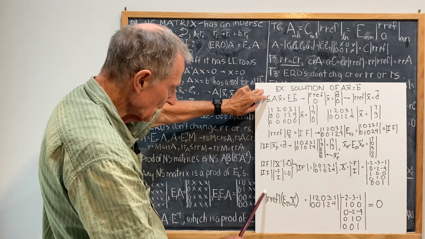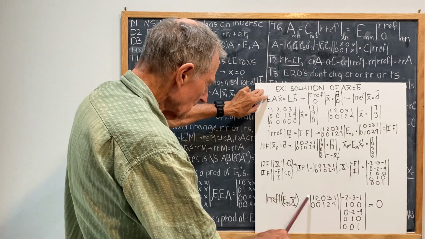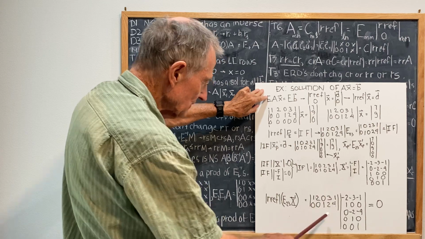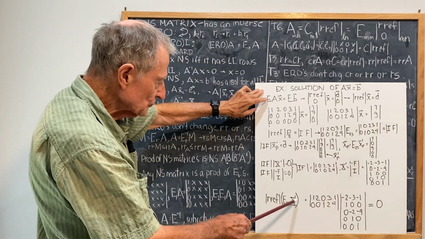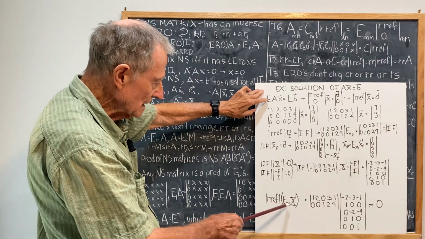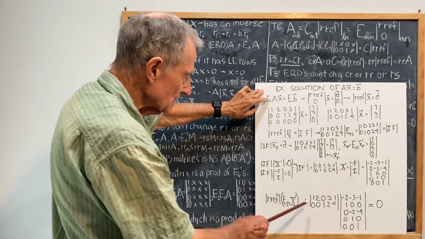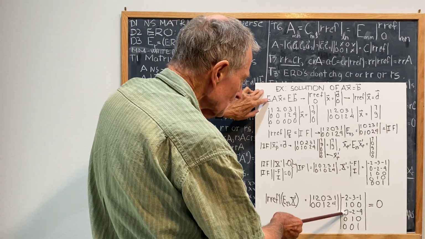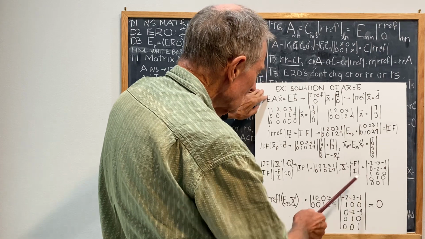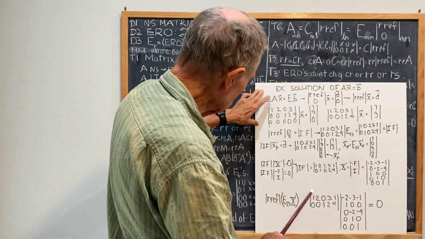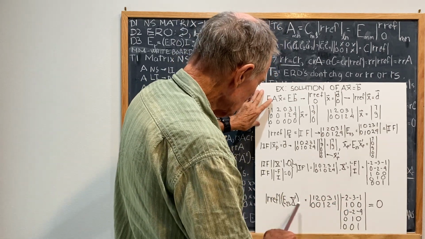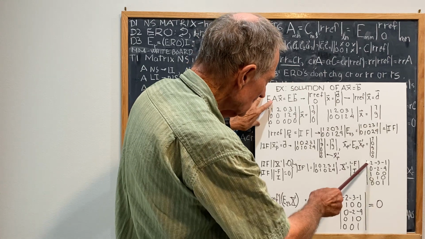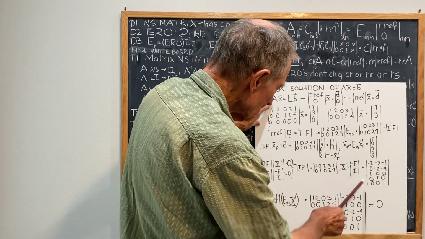This term is I. So RREF, the original RREF, times E23 times x prime, now pre-multiplying by E23, interchanges rows 2 and 3 of x, so that E23 x prime becomes minus 2, minus 3, minus 1.